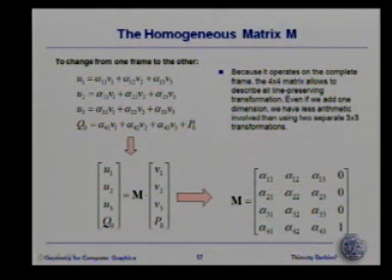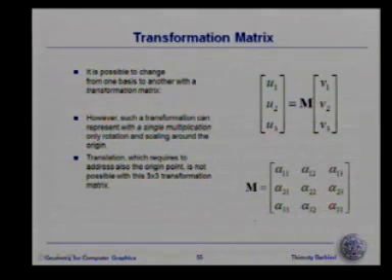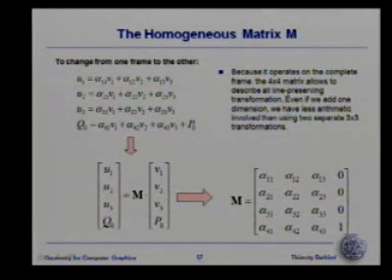If we consider homogeneous coordinates and frames represented as a vector containing vectors of bases and reference points, then we can change not only from one base to the other like we did here in the 3×3 matrix, but we can directly change from one frame to the other with this system.